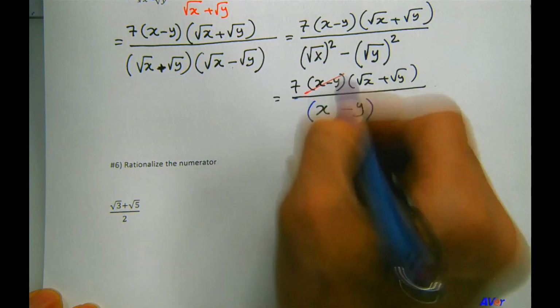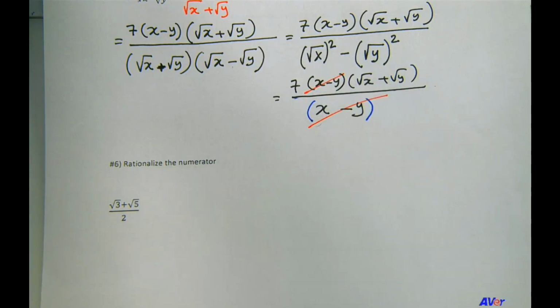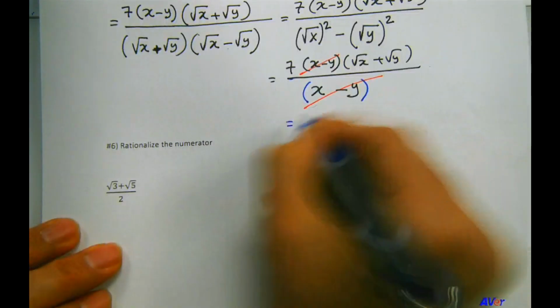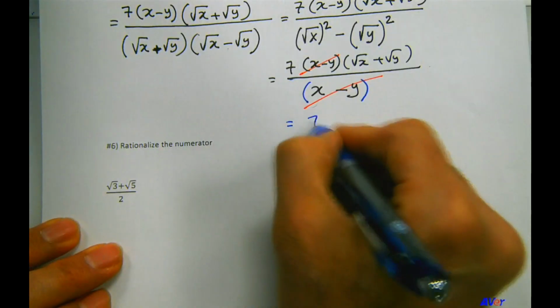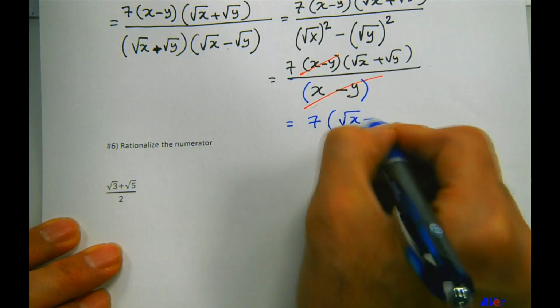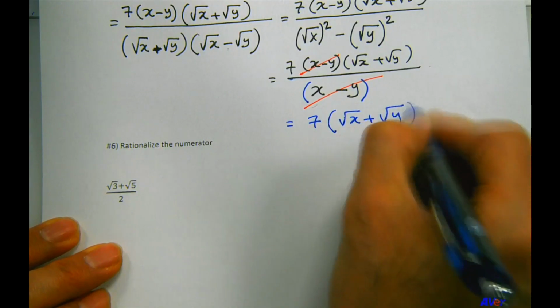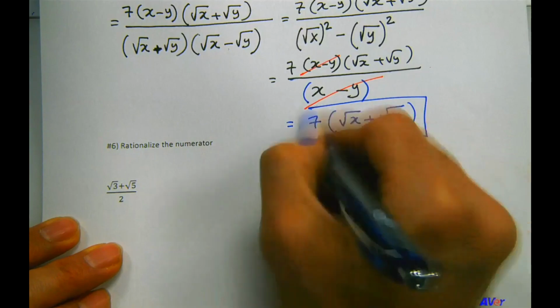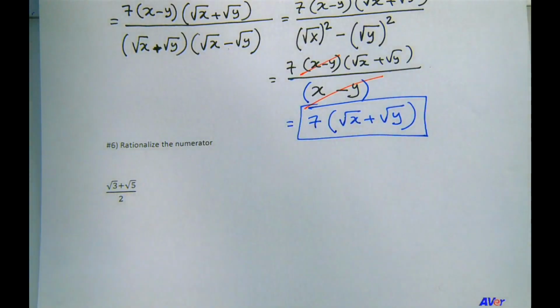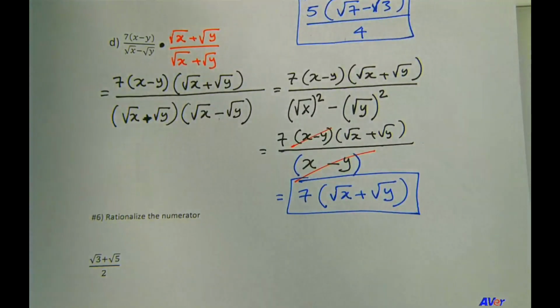So you can cancel this and that, and we end up with the final answer, which is 7 times (square root of x plus square root of y). Okay, like that.